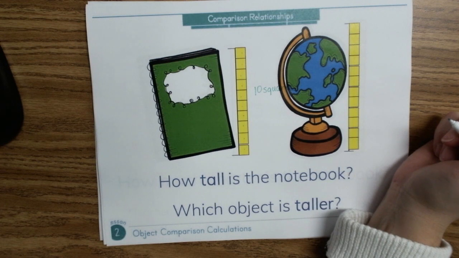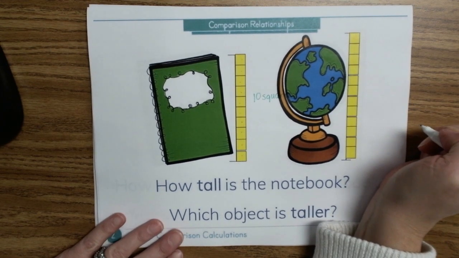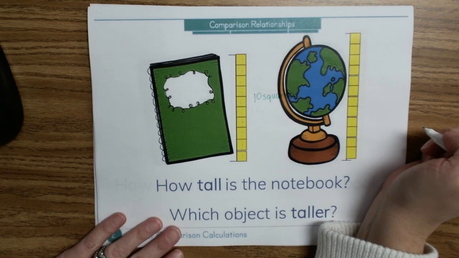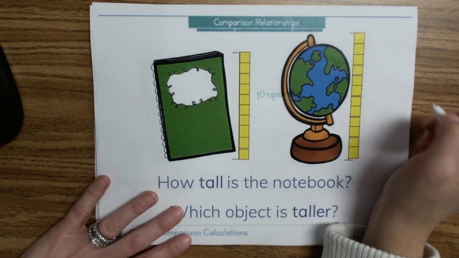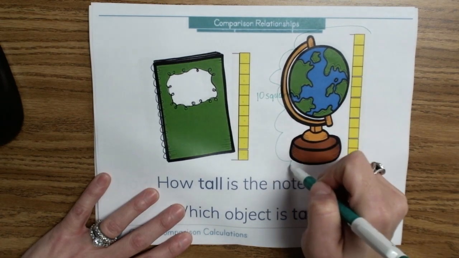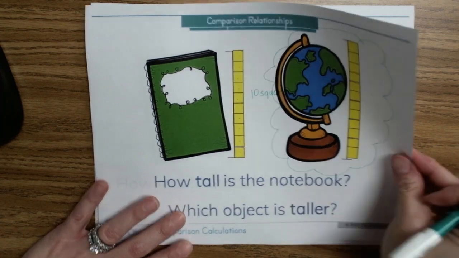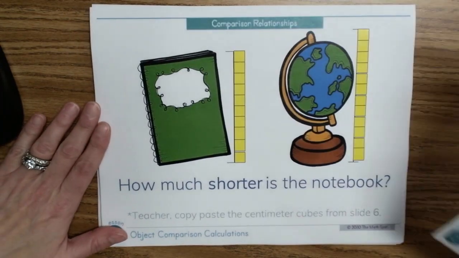Which object is taller? So who do you think is going to be taller? Well, we can see right now that our globe is taller, right? He's taller. So let's look at our questions.